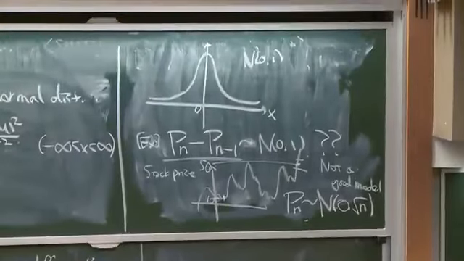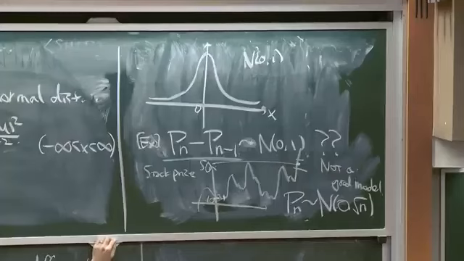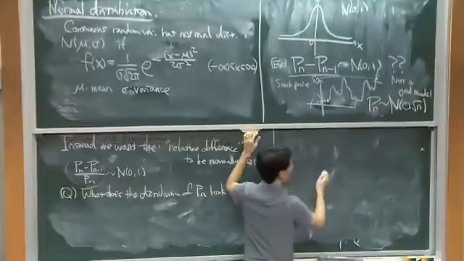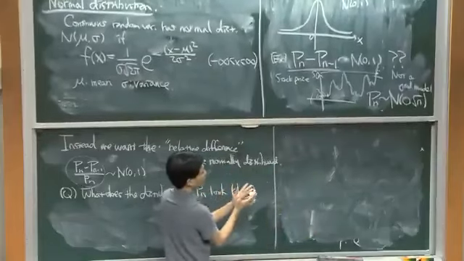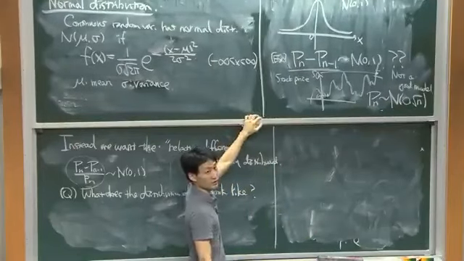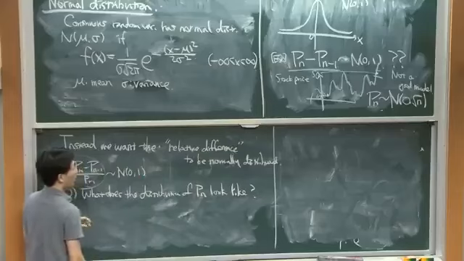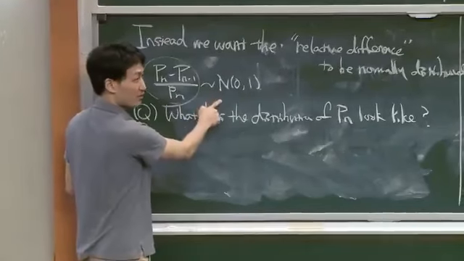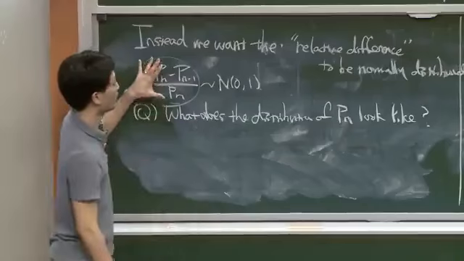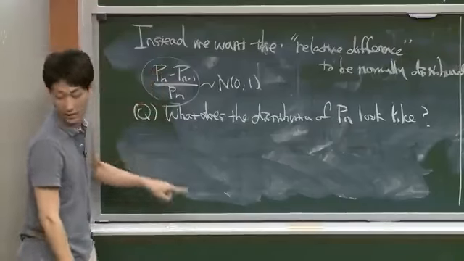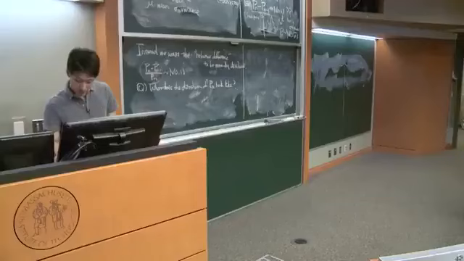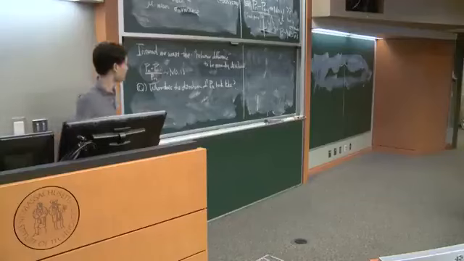So if there's no tendency, if the average daily increment is 0, then no matter how far you go, your random variable will be normally distributed. But here, that will not be the case. So we want to see what the distribution of P_n will be in this case.